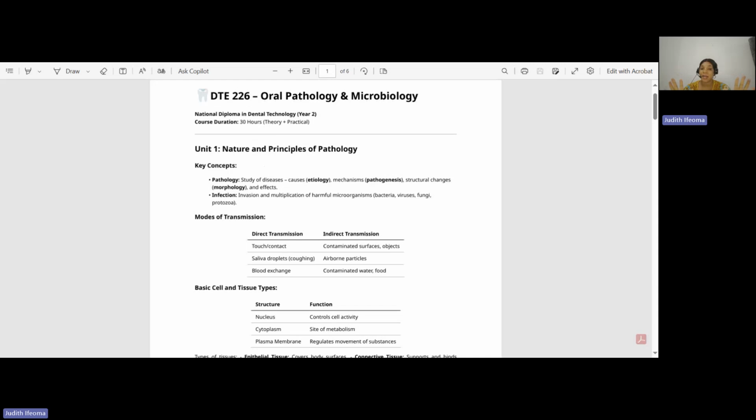So don't worry if the terms sound complex. We're going to break everything down in a way that's simple and practical. Our goal is not just to memorize, but to understand what diseases are, how they affect the body, and most importantly, how they show up in the mouth.